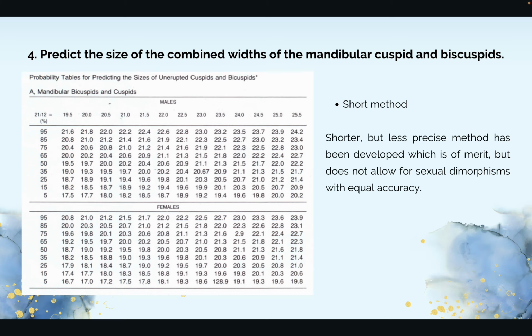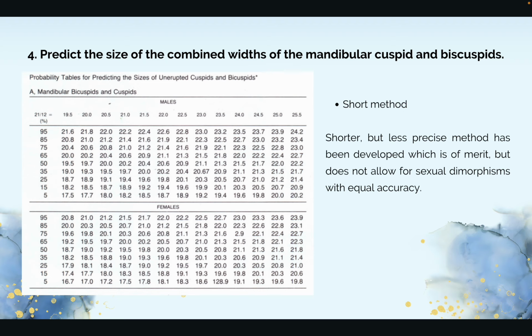This is the short method. The short method is a shorter but less precise method that has been developed, which is of merit but doesn't allow for sexual dimorphism with equal accuracy. To do the short method, first you have to add the widths of the mandibular incisors and divide by 2.